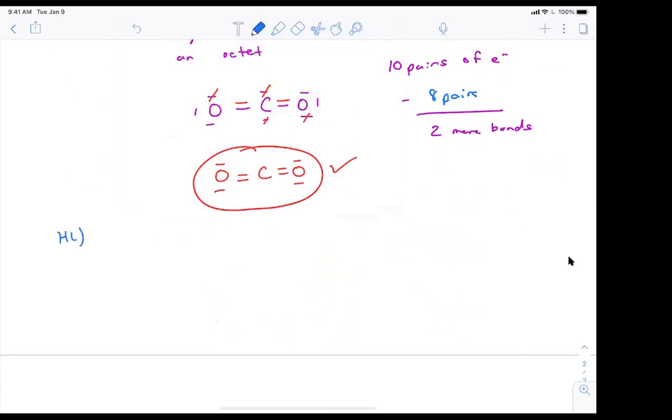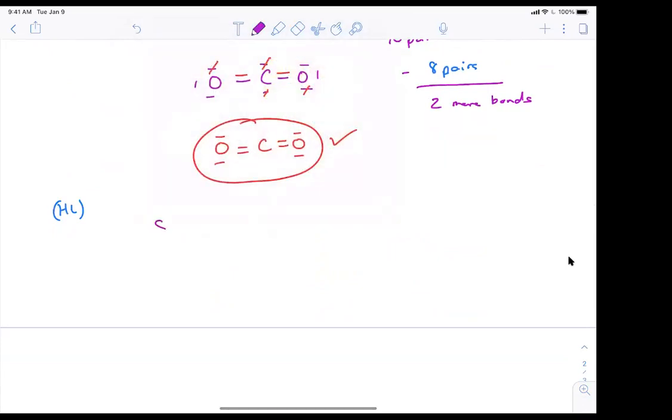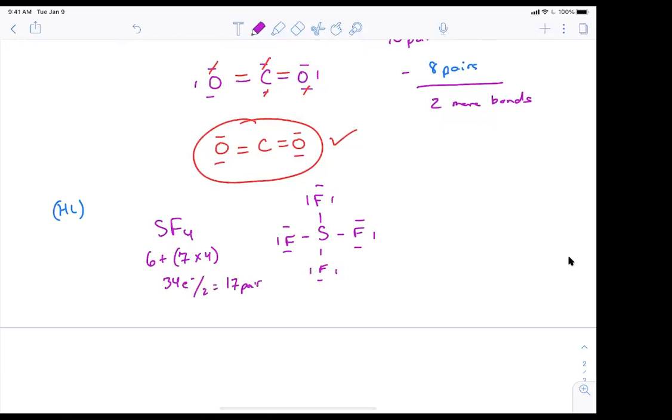Because in higher level, since we're already here, and this is only higher level, if you get something like SF4, okay? When you draw SF4 out here, S has 6, fluorine has 7, times 4. That's 34 electrons, or 17 pairs. The problem is when you draw your test structure, there's only 16 pairs.